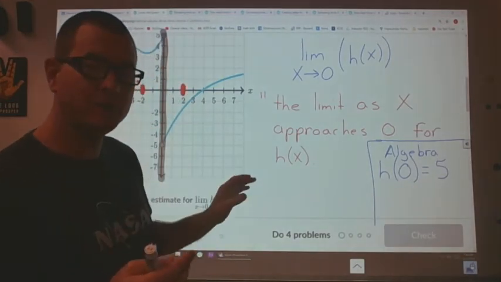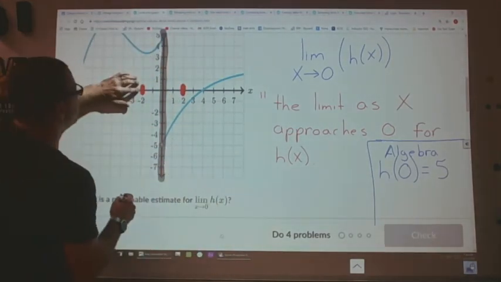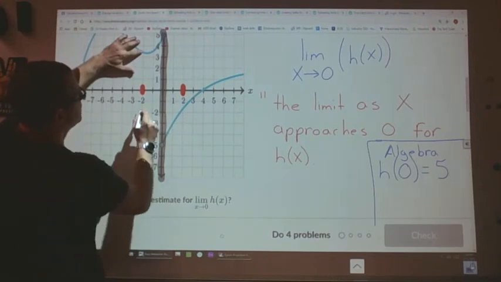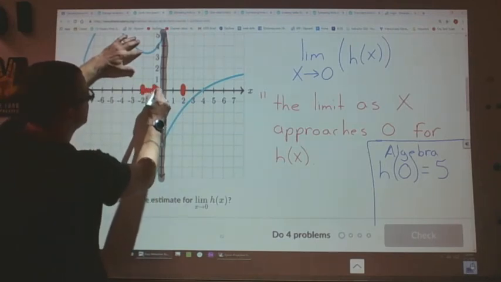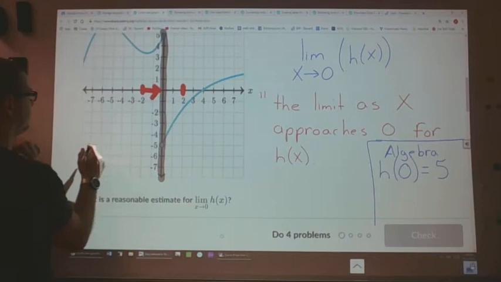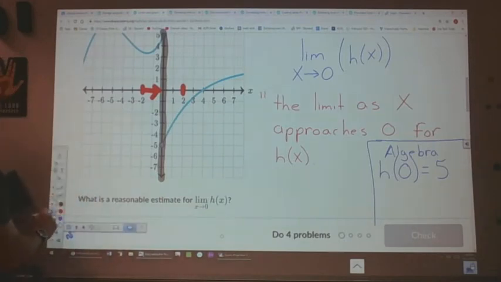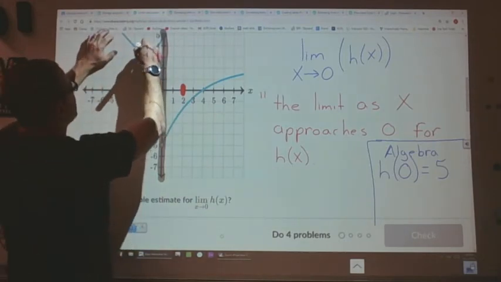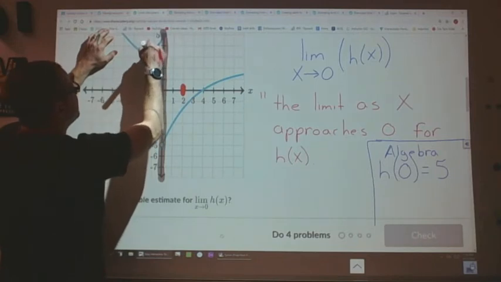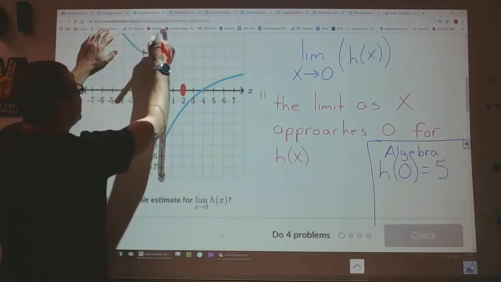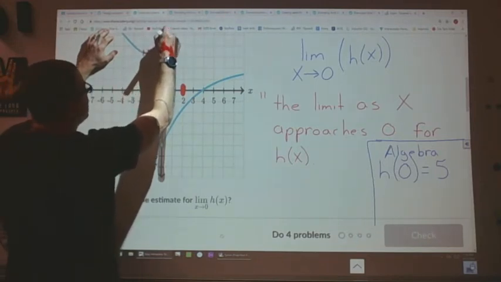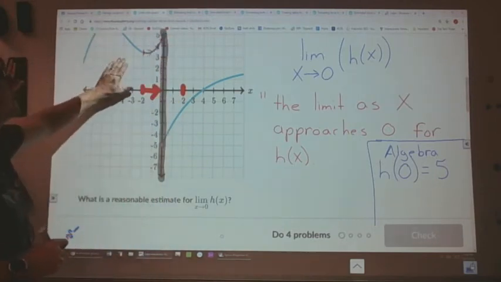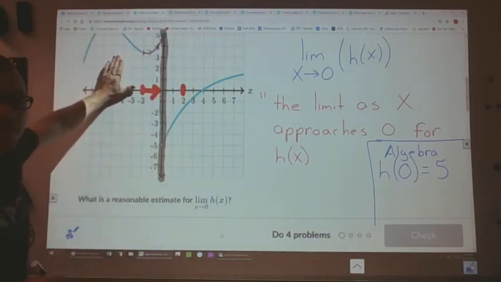One way from the left, one way from the right. So here, at -2, it's up here. So I'm going to work my way this way towards 0. And if I do that on the graph, I can see that as x approaches 0, my function is approaching 5.